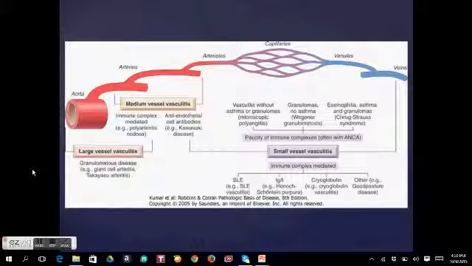So next, moving on to the Takayasu arteritis. This Takayasu arteritis is basically affecting the large artery, which is aorta, and its major branches. So you're going to get affection of your subclavian, carotid, all the major branches of the aorta.